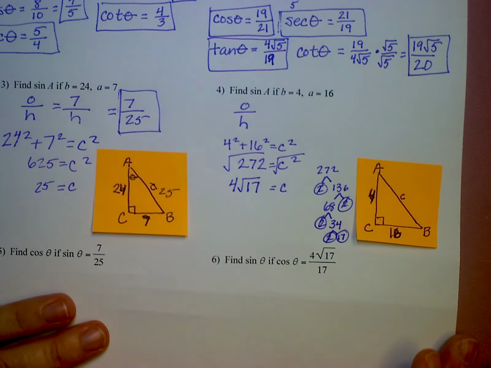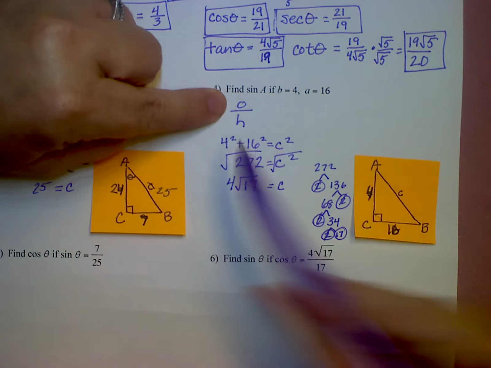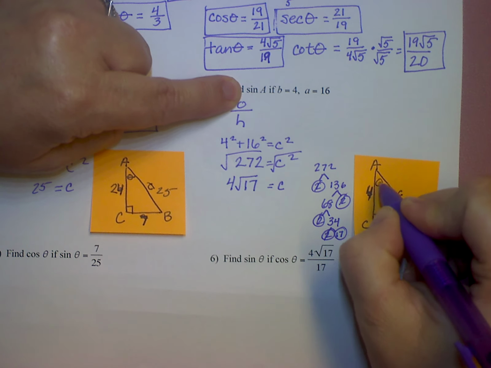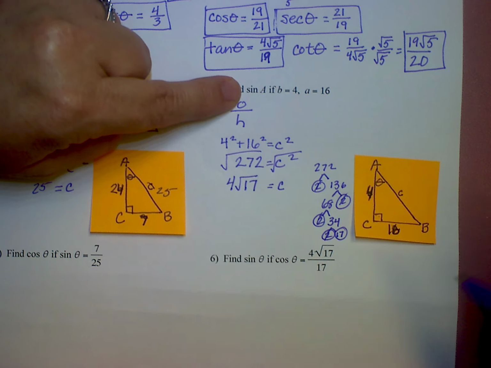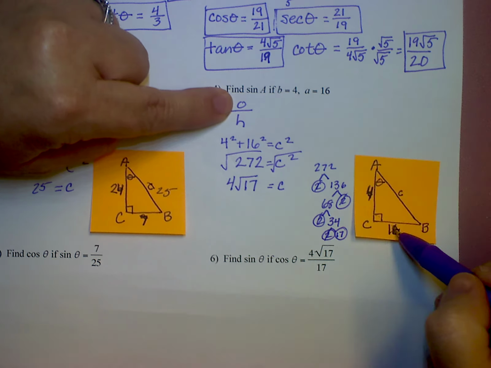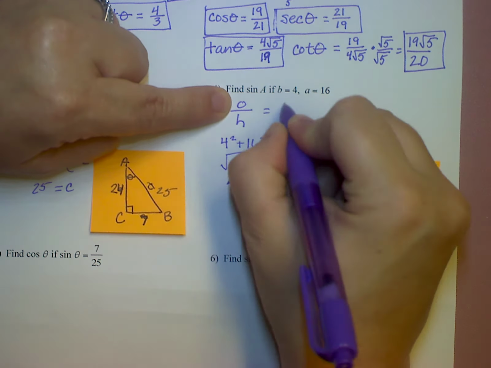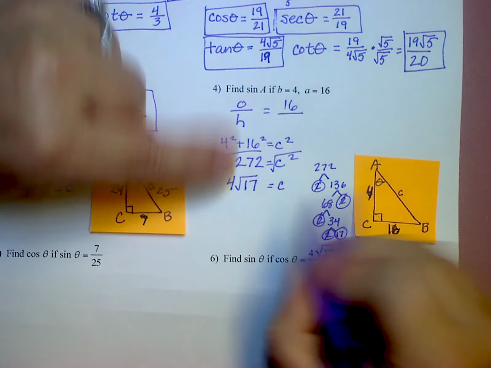So when I do opposite over hypotenuse, again, they're finding sine of A. So that's the angle I'm looking at, calling it theta. Opposite is 16, and hypotenuse is 4 radical 17.